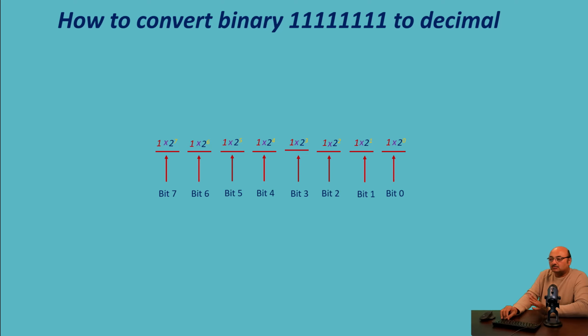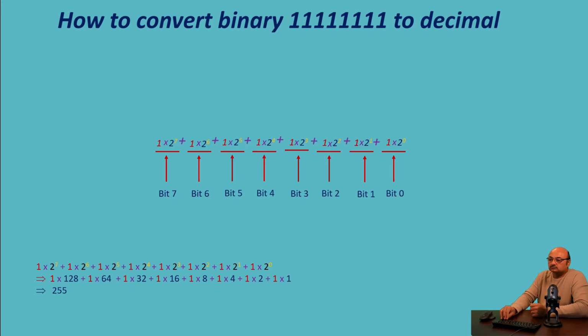When we add, this is what we get. The result of all the 8 bits which are put as ones, the equivalent of that in decimal is 255.